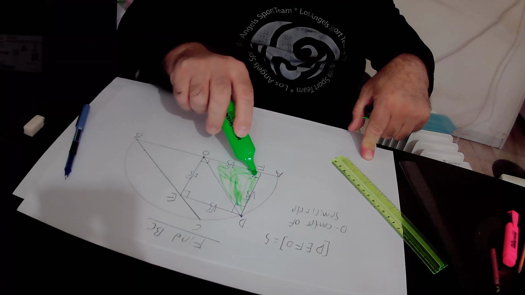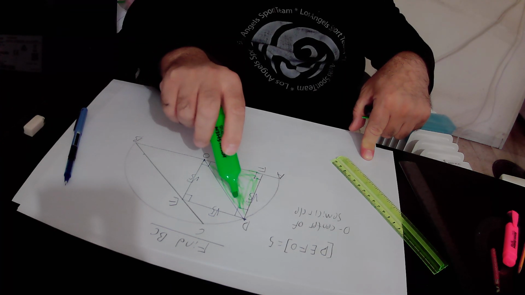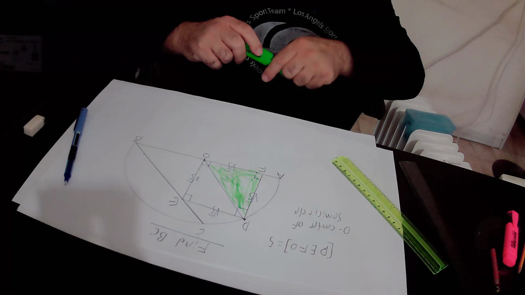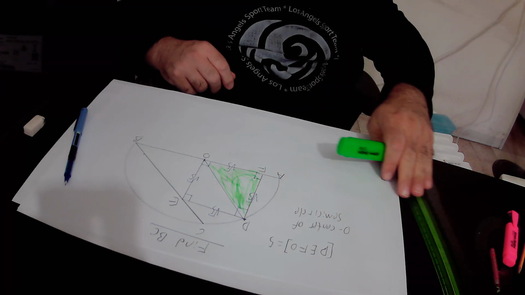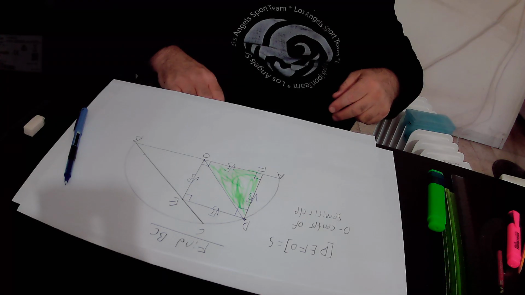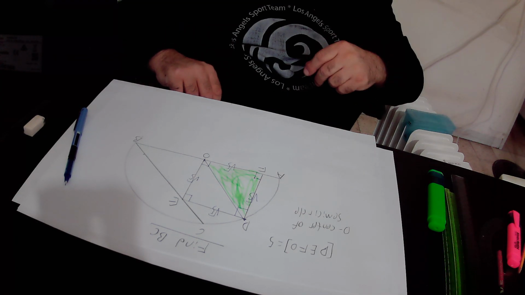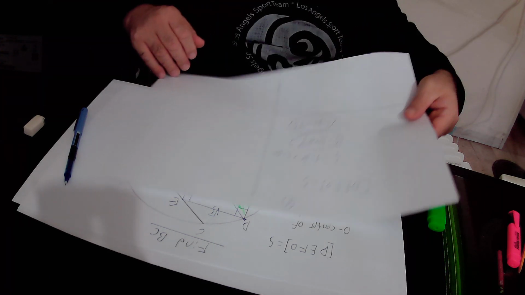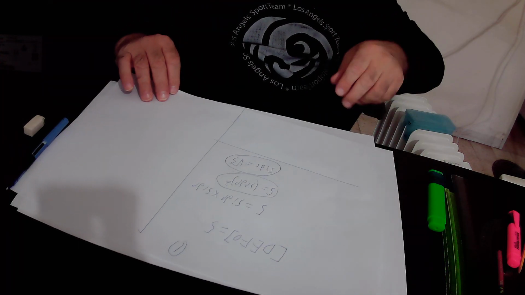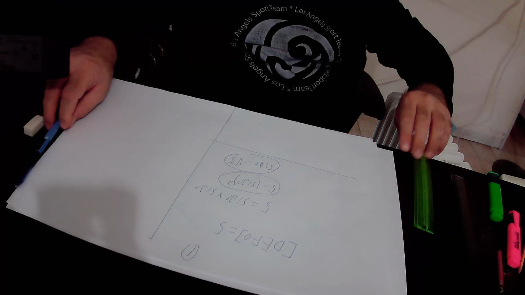Again, this angle DFO equals 90 degrees, therefore the green triangle is a right triangle. Therefore we can implement the Pythagoras theorem on the green right triangle DFO. So I'll copy the right green triangle onto a new page and we'll implement the Pythagoras theorem in this triangle DFO.